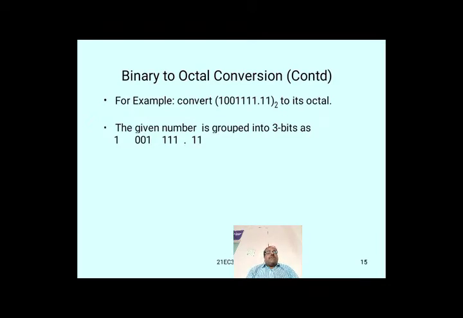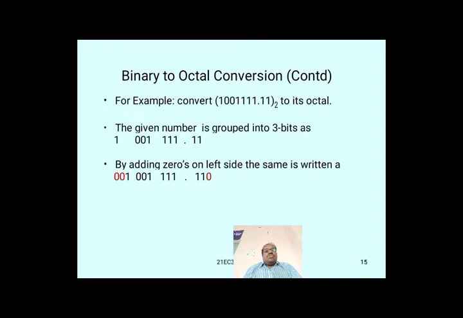Okay, we are grouping the values as 111, 001 and 1, and .11. Here the starting value 1 does not have 3 bits, so we can write zeros on the left side. By adding zeros on the left side, it can be written as 001, 001, 111 point, and on the right we also have only 11, so we can add a 0 to make 110.